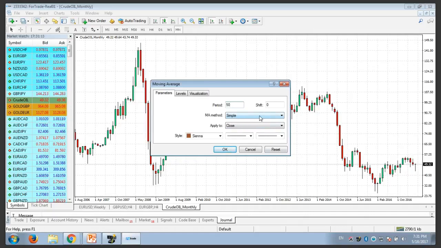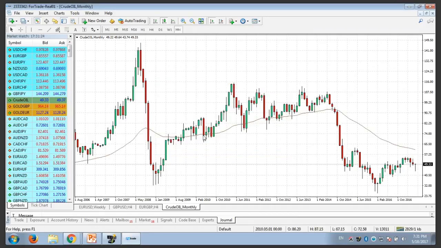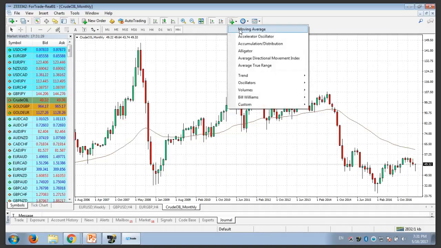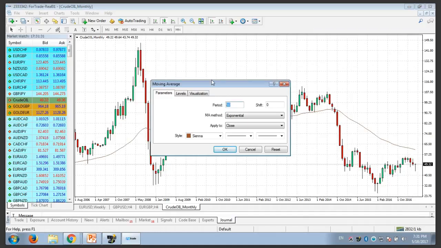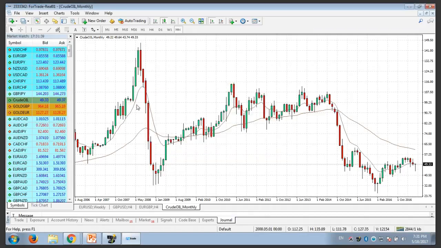If you want to use simple, you put simple here. If you want exponential, you can change it here. Keep the closing price, and the style and color are here. If you want to add another moving average, a shorter one, let it be 10 period, again exponential, closing price, and that's it.